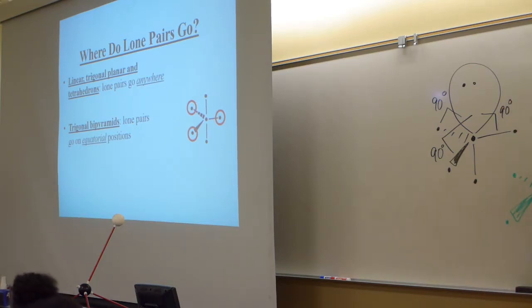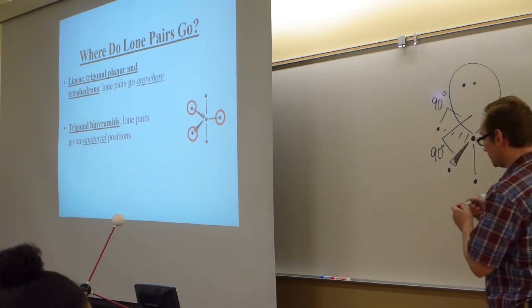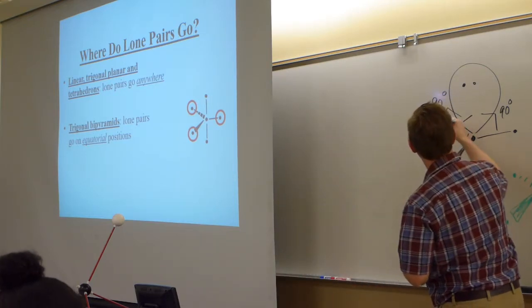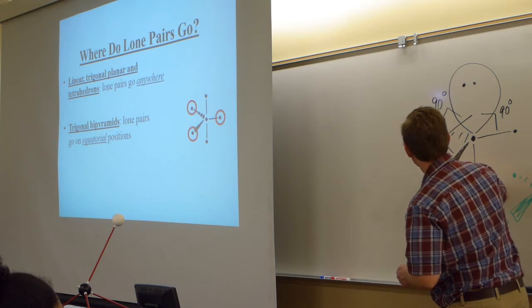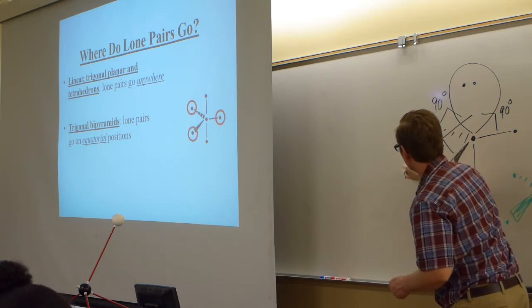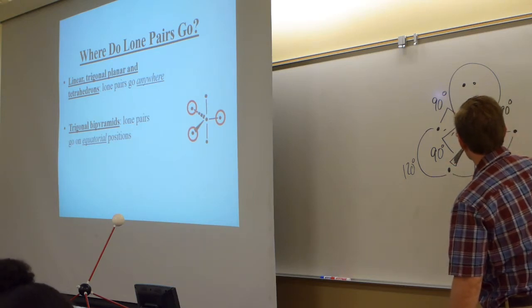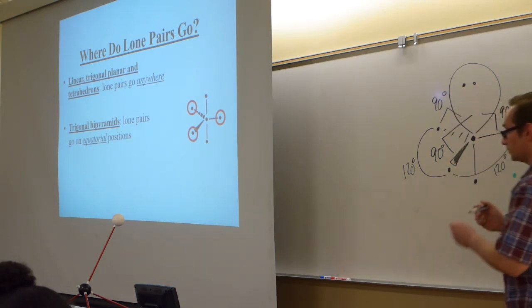Now we only have two atoms that are 90 degrees compared to the lone pair. And by doing that, we now increase the bond angles over here. This bond angle between these two is 120. This bond angle here is also considered to be 120.